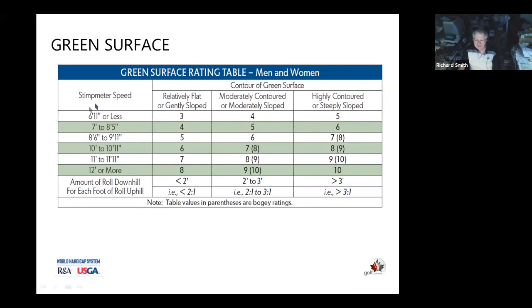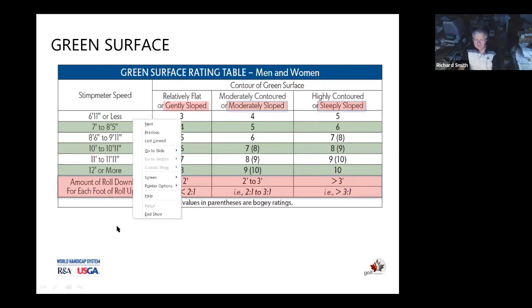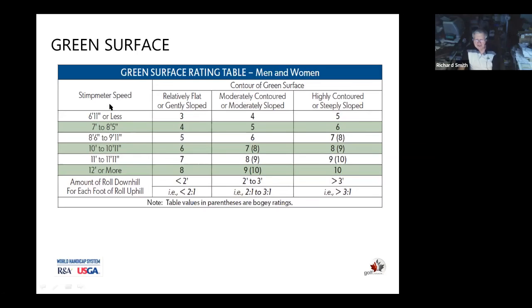As you can see, we've got rows based on the stimp meter speed, and columns based on the slope or contour or combination thereof of the green.